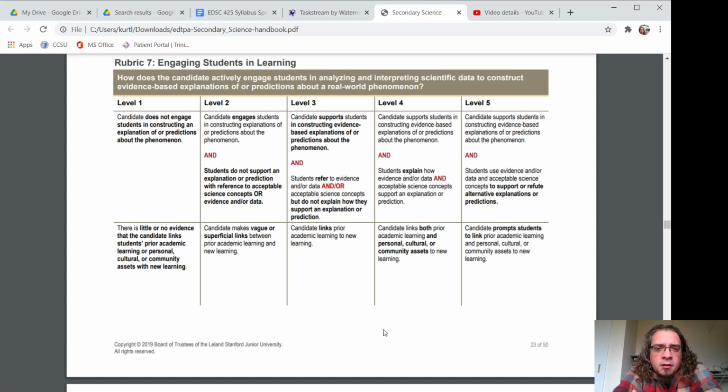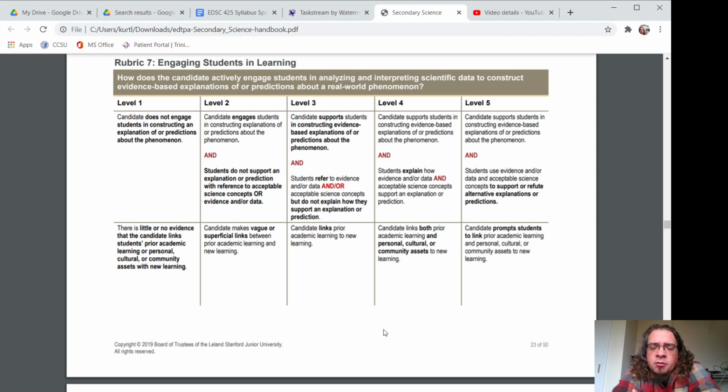This is level 4 now, right? You see the bold there. Students explain how evidence and/or data and another and, so these things both have to be present. Acceptable science concepts support an explanation or prediction. So if you look at this from a science teacher perspective, again, level 4 just seems like, oh, yeah, of course I would be doing that, or at least be aiming to do that, right?